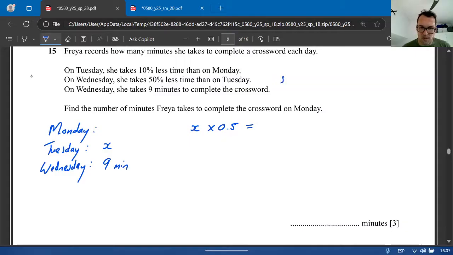Remember, 50% is 0.5. Then we get Wednesday. So Tuesday is 0.5 X, or rather 9 minutes.